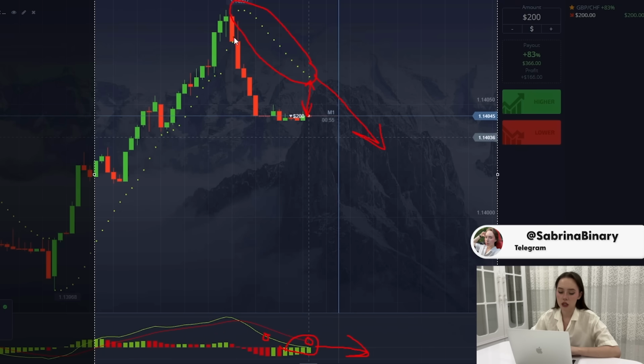Many novice traders ask me questions about how to use it properly. It's very simple. When the points are plotted under the price chart, it indicates an uptrend, and when it's above the chart, it indicates a downtrend.